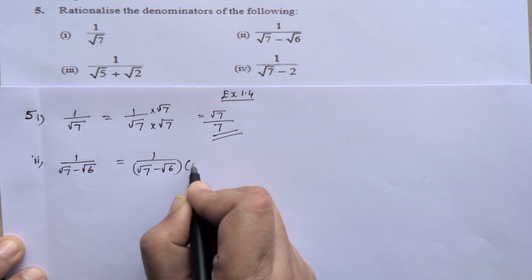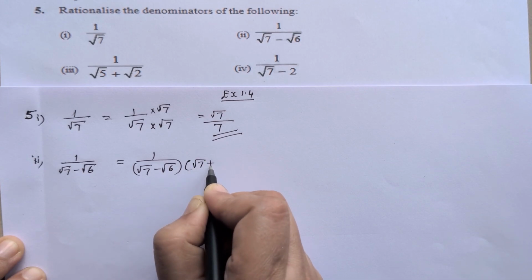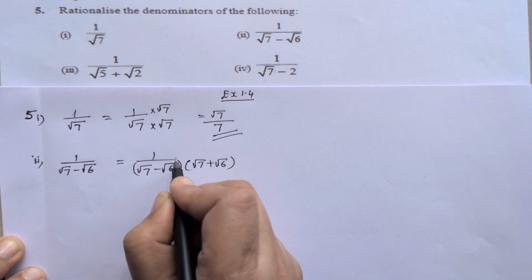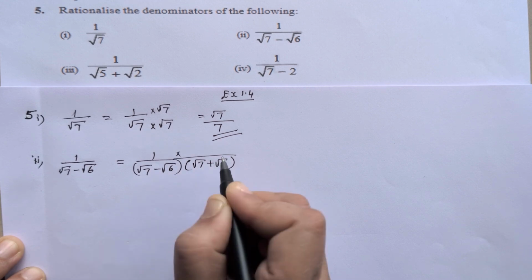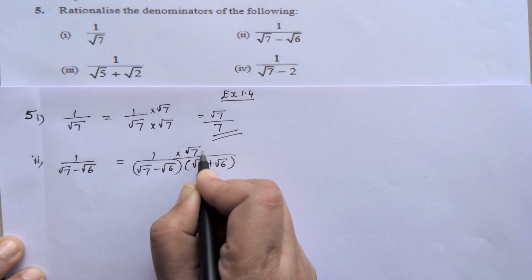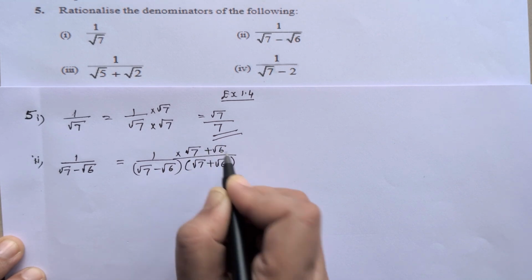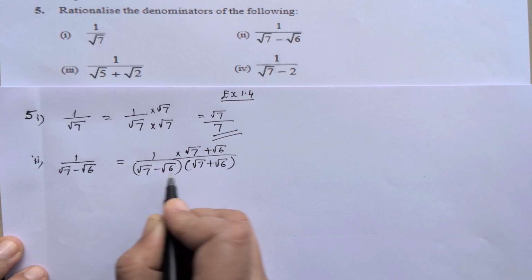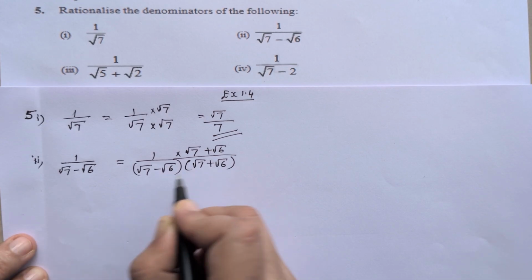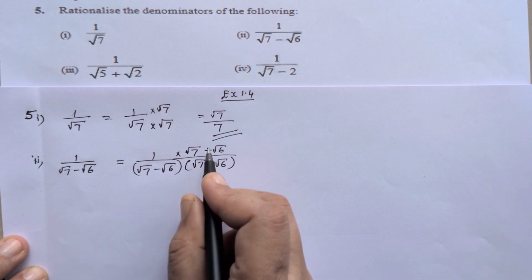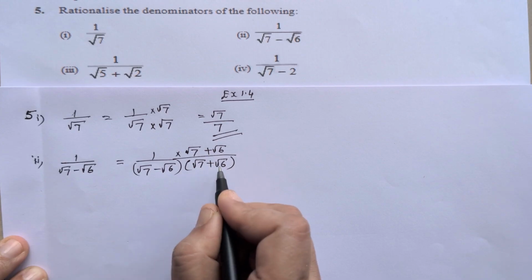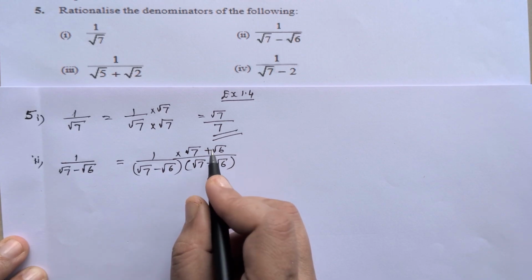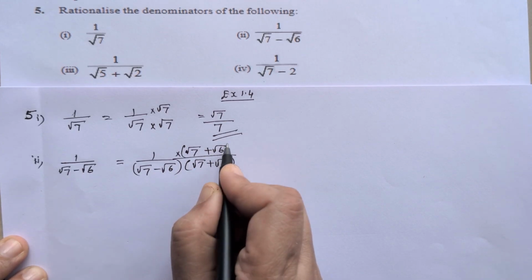Now we can write that as root 7 plus root 6. So we multiply up and down with root 7 plus root 6. Here it is negative, so we take the opposite sign, plus.